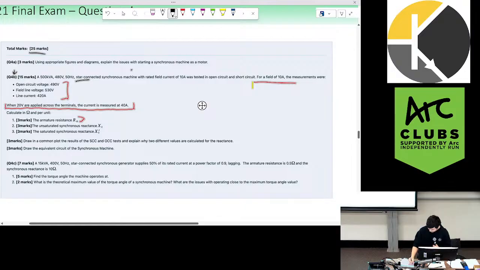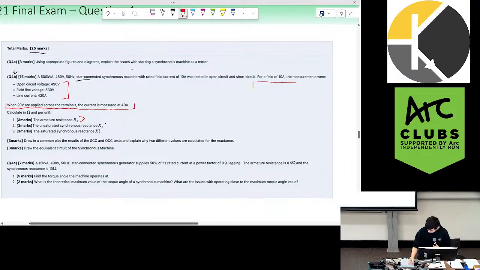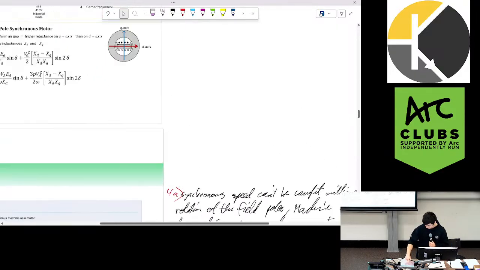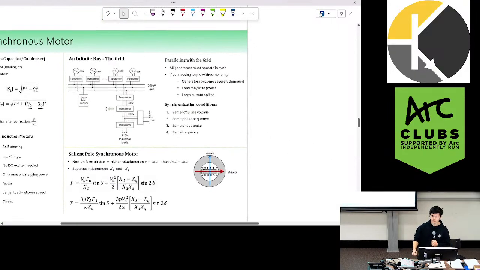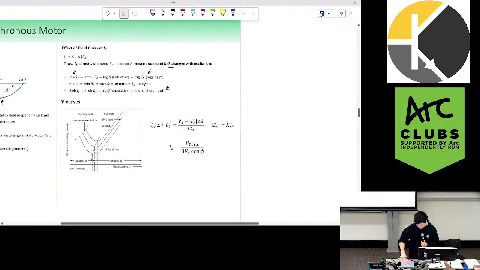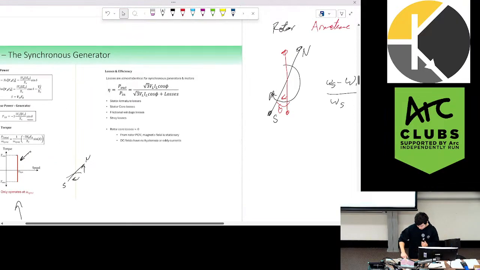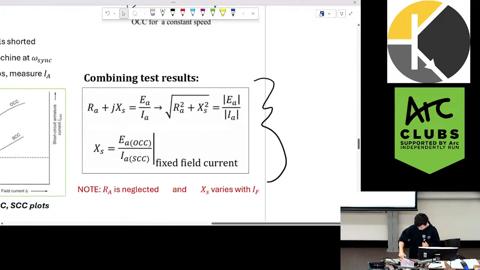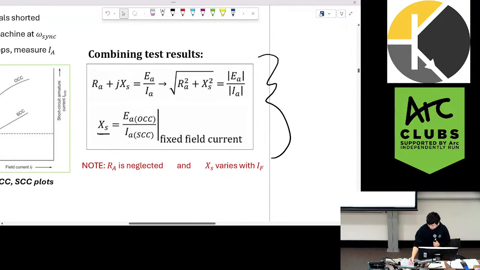Next question. It's a little less nice. We have to find the synchronous reactance. How do we do that? We have to consider what information the open circuit and short circuit characteristics give us. Something I will be including on my cheat sheet: combining the test results, we very nicely get XS, our synchronous reactance, equal to EA on IA from our open circuit and short circuit.